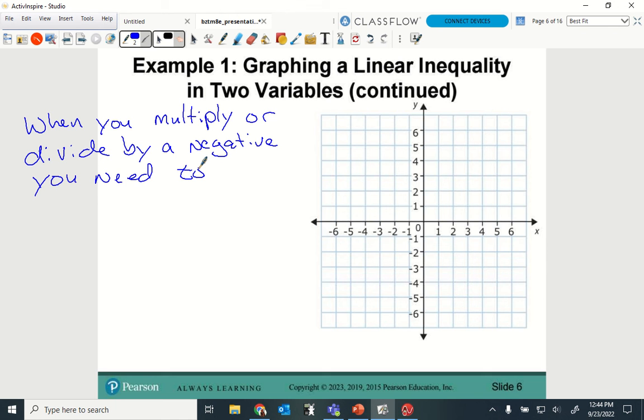Anyone recall? Flip the sign. So we're going to flip the sign. So it's going to go from that greater than that we had to a less than. Whenever we multiply or divide by a negative, every time we've got to flip the sign.